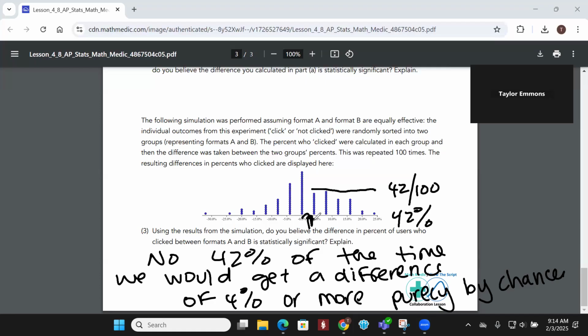Cool. So we have 42% of our data that's greater than our 4% and up, so it's not going to be statistically significant because 42% of the time, it's happening purely by chance. It's greater than that 4%. So there's a big difference between those two.